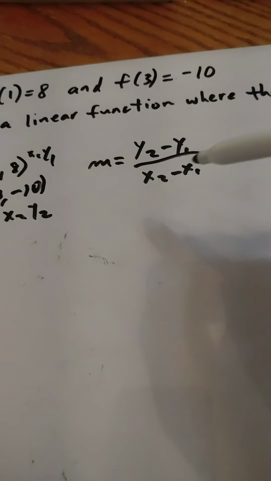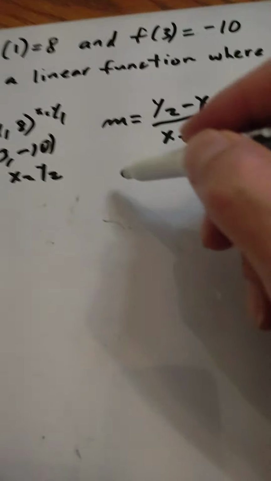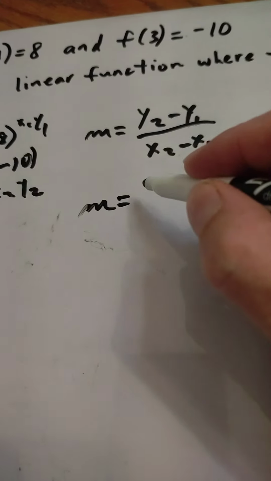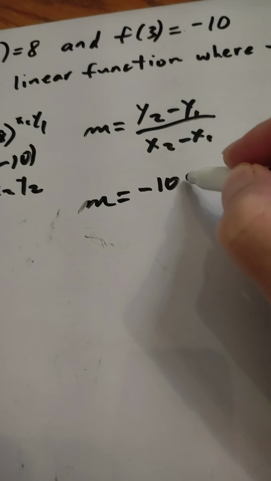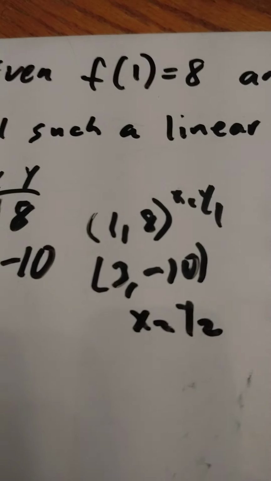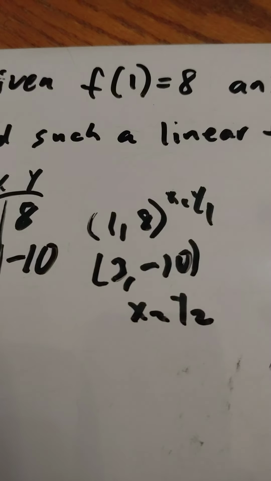Okay, so let's prepare to attack. Let's find the slope of this line. I'm going to write m equals, and what am I going to write for y sub 2? Negative 10. So negative 10 minus, says the formula, and what is y sub 1? Y sub 1 is 8, the y coordinate.